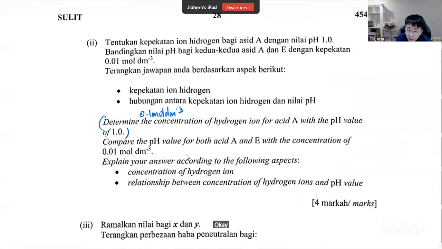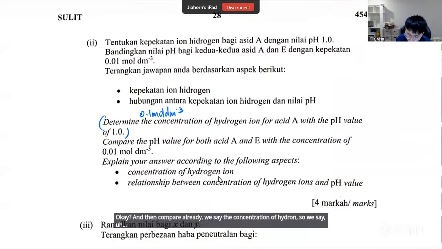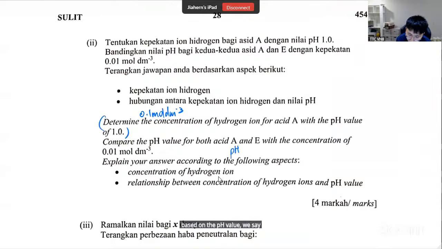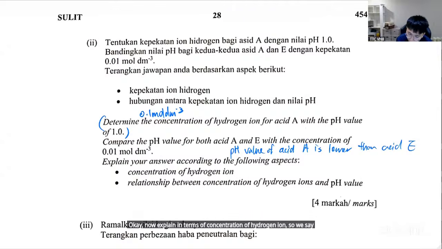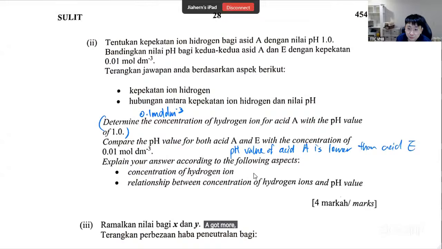Then compare the concentration of hydrogen ion. Based on the pH value, we say the pH value of acid A is lower than acid E. Then explain in terms of concentration of hydrogen ion. Because one is strong, one is weak, if it's strong, strong always gives you more H⁺, right?